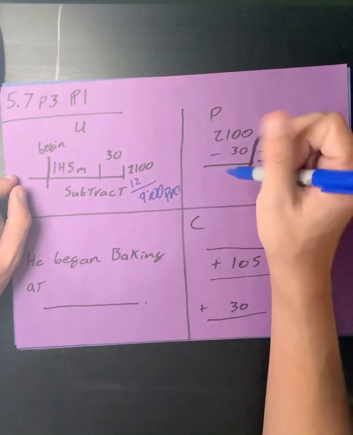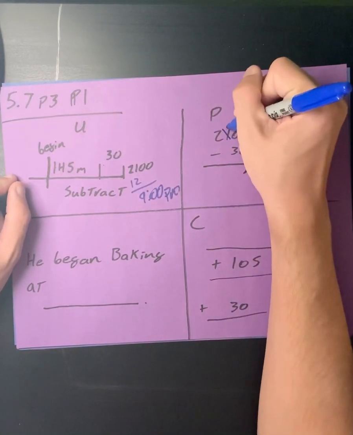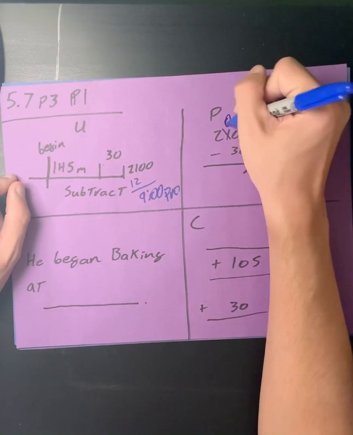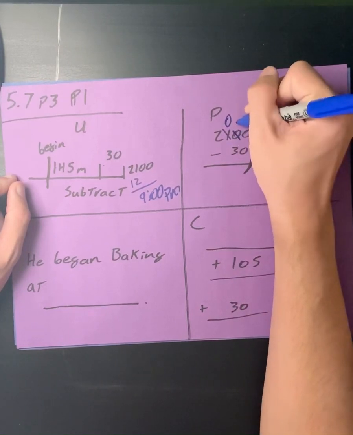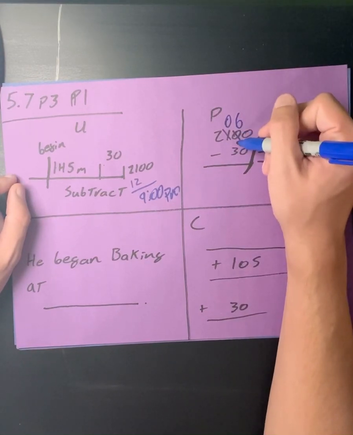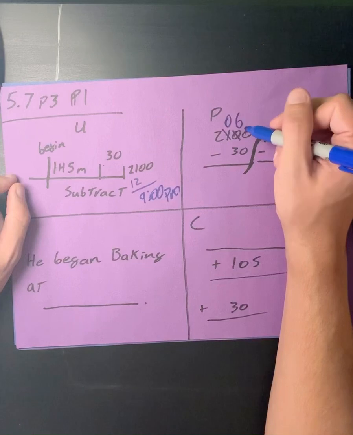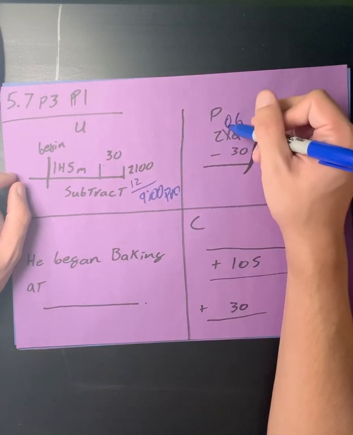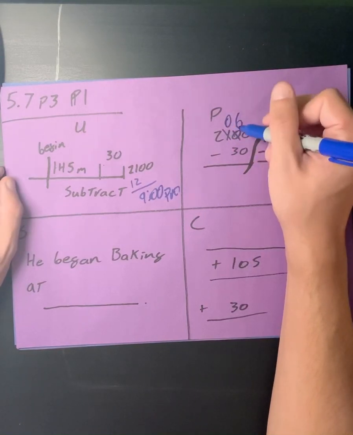But instead of regrouping to make 10, I regroup this to make it 60, because there's 60 minutes in an hour. So I turn my 1 hour into 60 minutes.